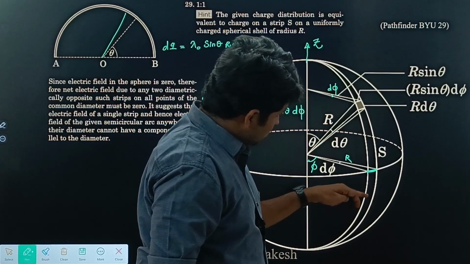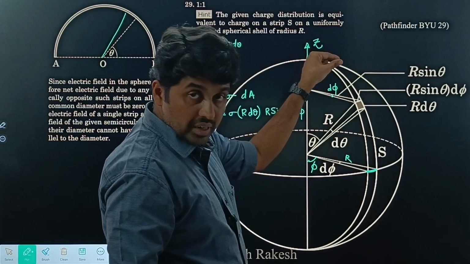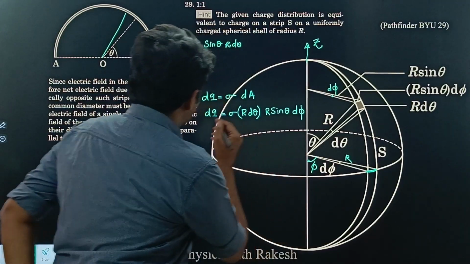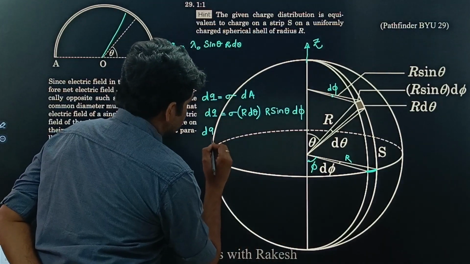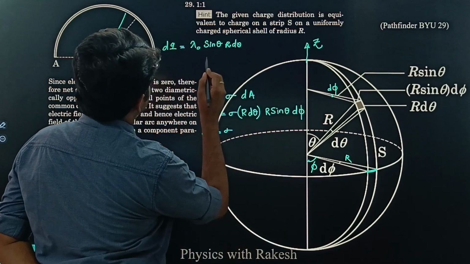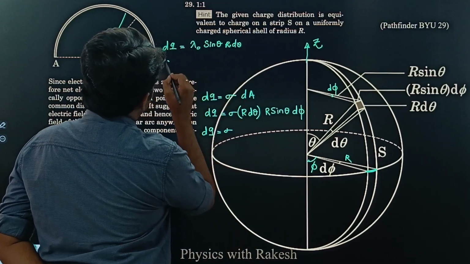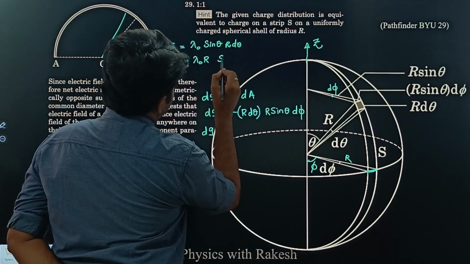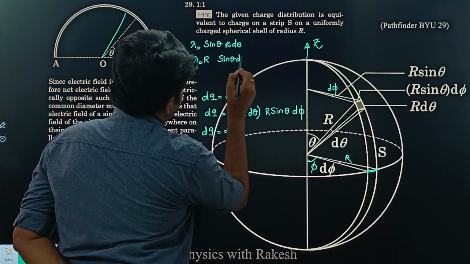For all the small charges that we are taking here, this d phi is the same. Okay, so what will this dq be, tell me? Dq equal to sigma into, let us see here. So here we have dq equal to lambda naught r sine theta d theta.